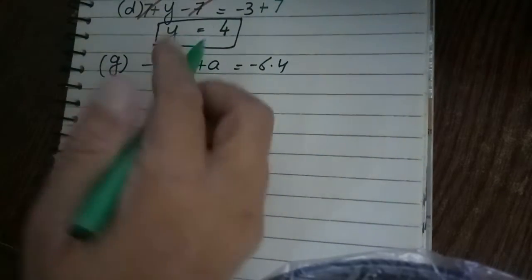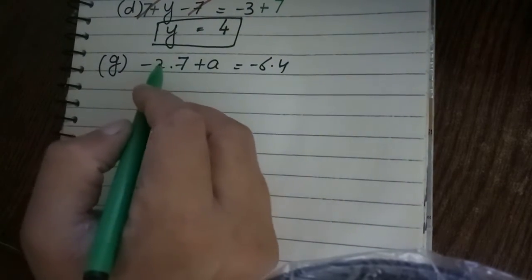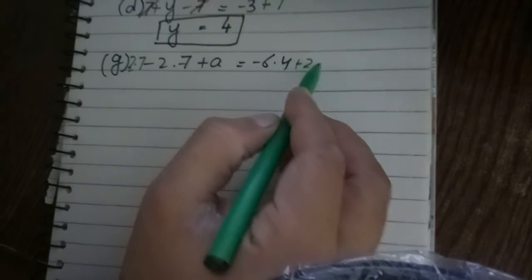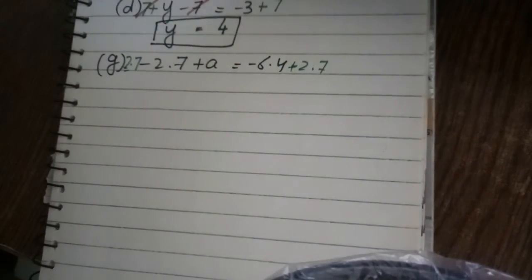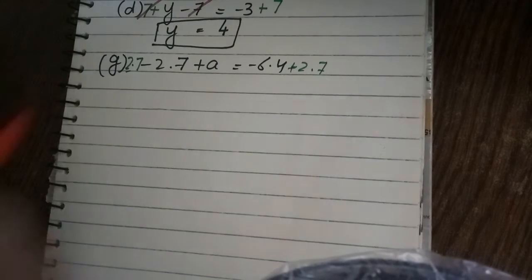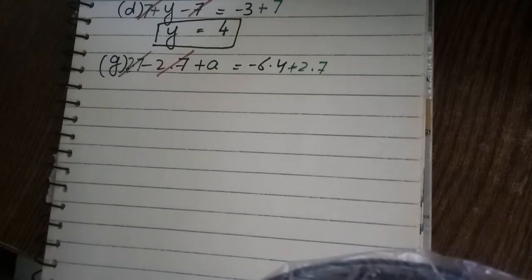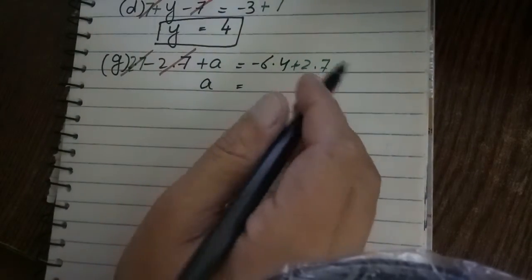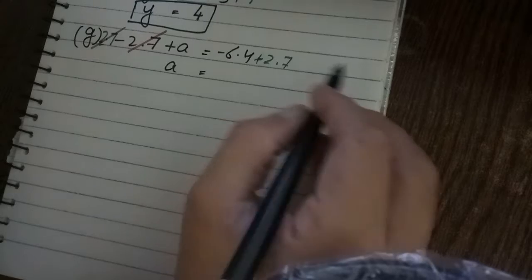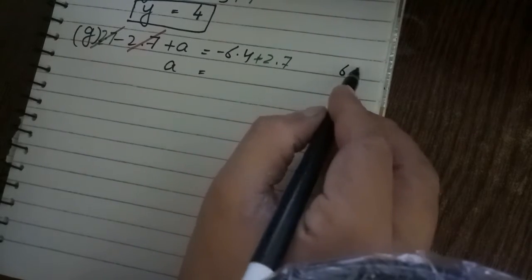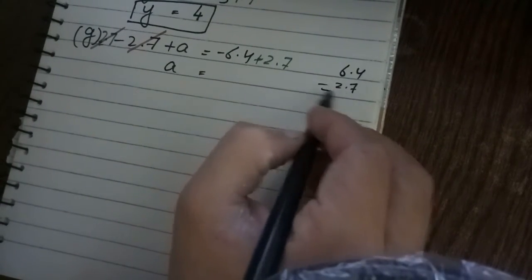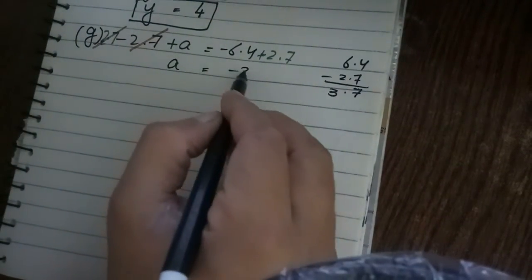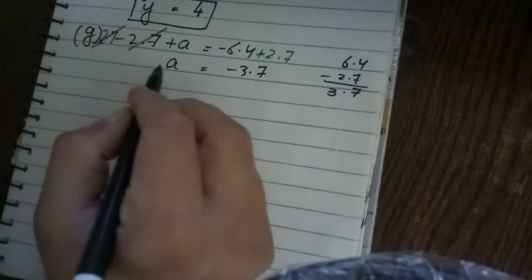So in order to cancel this 2.7, I have to add 2.7 on both sides, here and there as well. So 2.7 minus 2.7 cancelled. So we are left with only A equal to minus 6.4 plus 2.7. Opposite signs, so we do subtraction. So negative 3.7 is your answer.